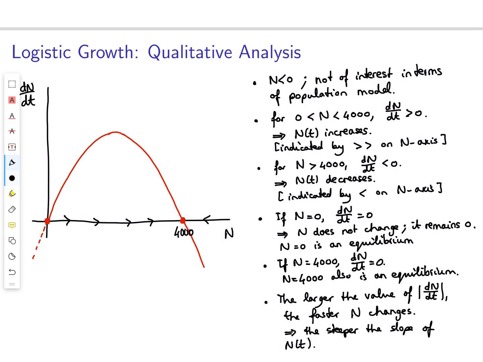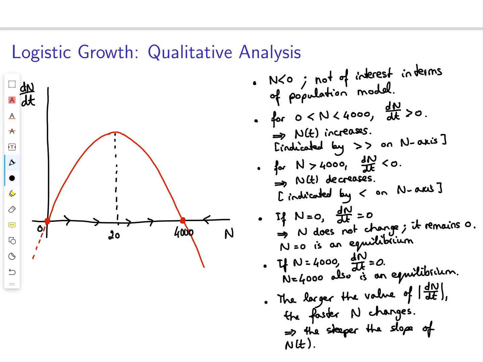Okay, so on the right hand side we have a lot of information about what the solution n of t is doing, where it's increasing, where it's decreasing, whether it's increasing just a little bit or whether it's increasing a lot. In terms of the graph on the left hand side, dn/dt is the largest right in the middle between the two equilibria, between 0 and 4,000.